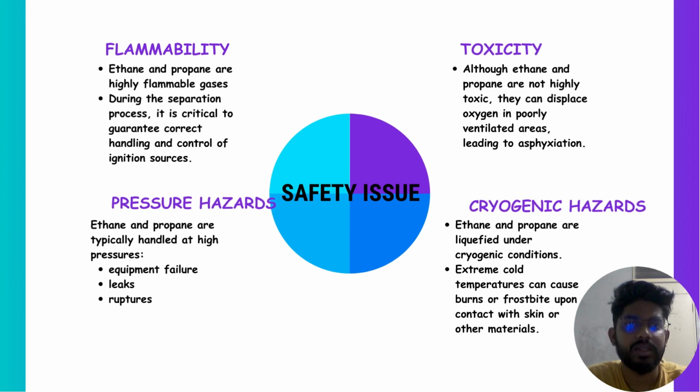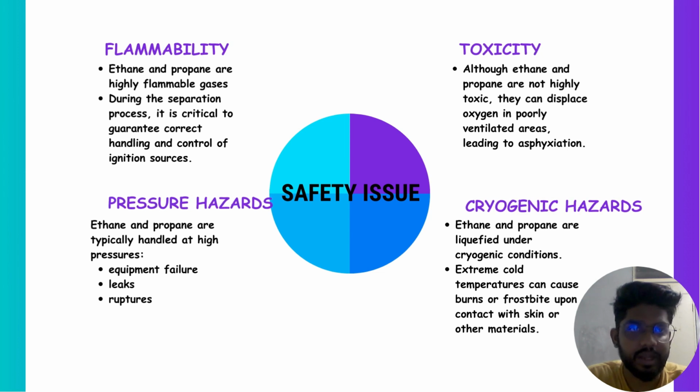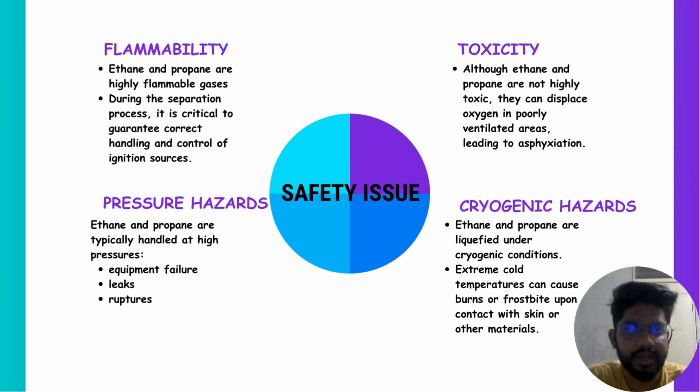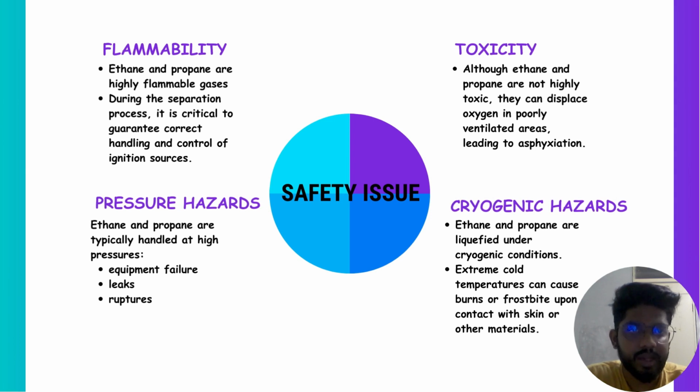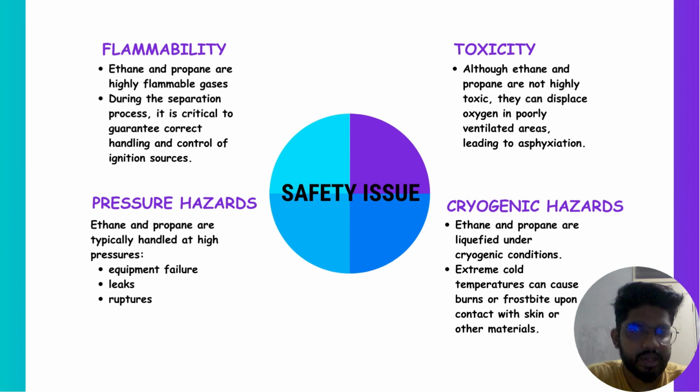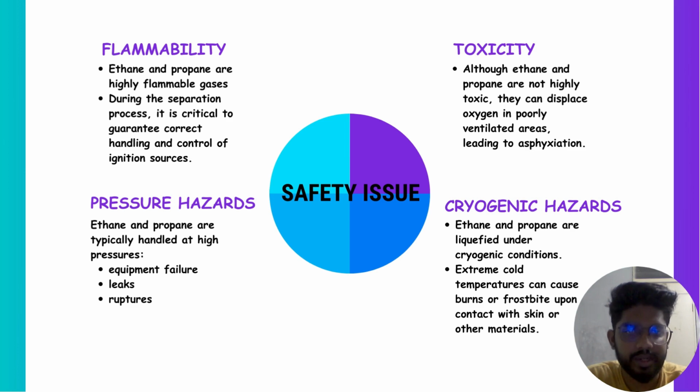Third one is toxicity. Although ethane and propane are not highly toxic, they can displace oxygen in poorly ventilated areas, leading to asphyxiation. Fourth one is cryogenic hazard. Ethane and propane are liquefied under cryogenic conditions. Extreme cold temperature can cause burns or frostbite upon contact with skin or other material.